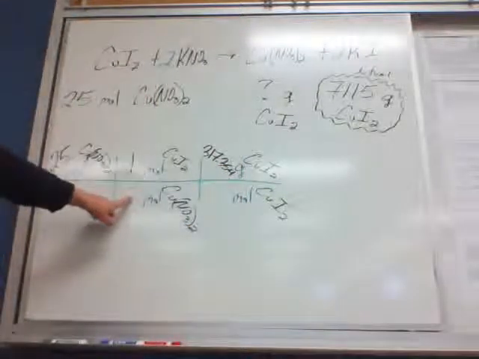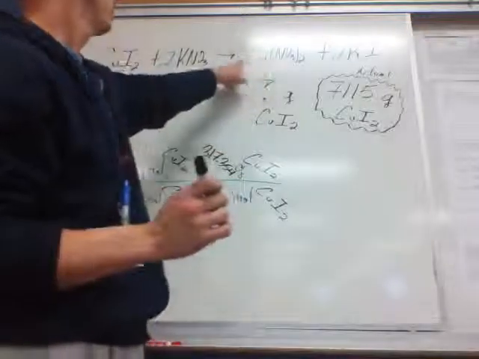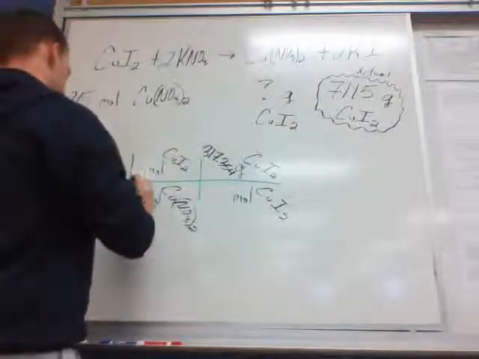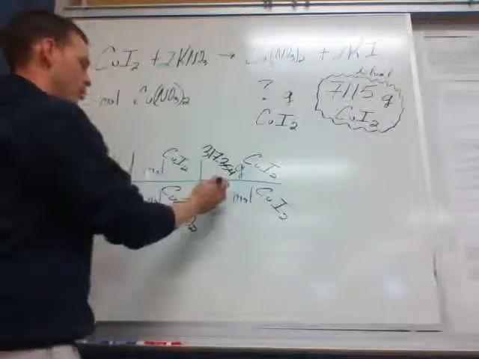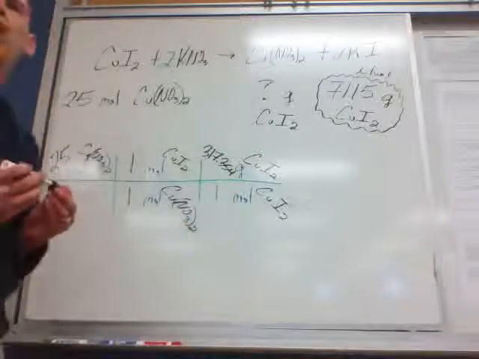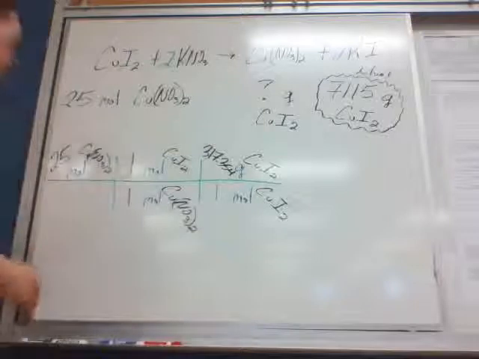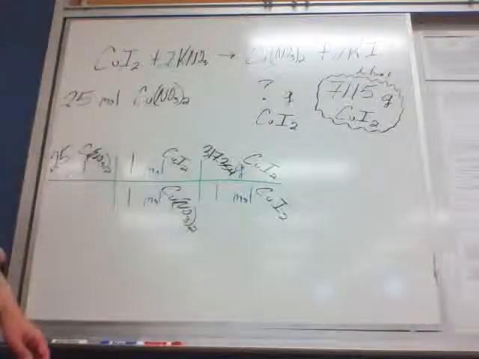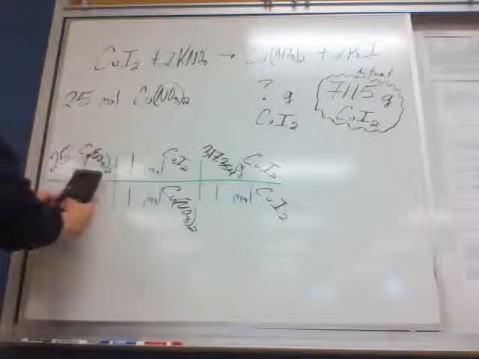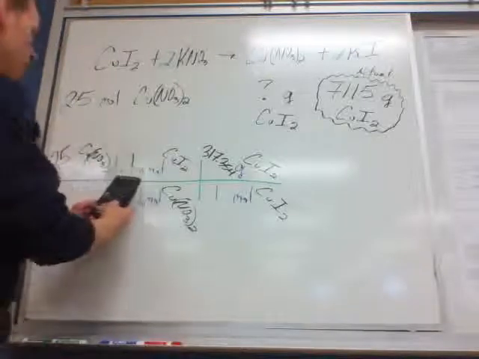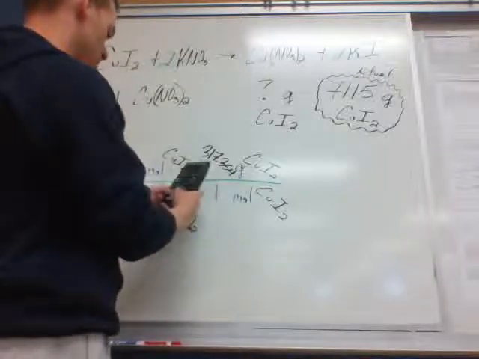Down to the bottom, check your cheat sheet. It says the coefficient of this compound, which also happens to be a 1. And then this square is always a 1. Multiply across the top. 25 times 1 times 317.354.